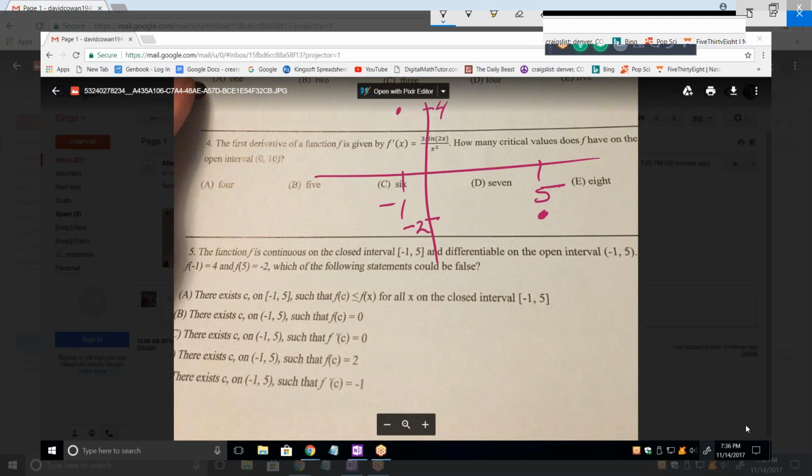They're saying that there is some point C on the closed interval, minus 1 to 5, such that f of c could be less than f of x. In other words, we've got to find a point somewhere below our minus 2 point.